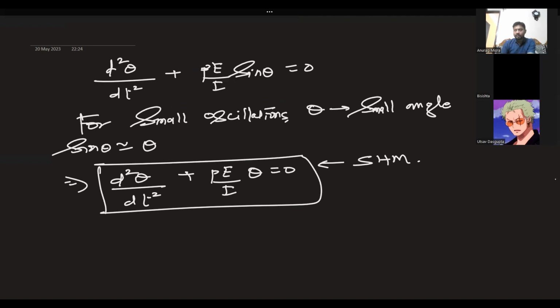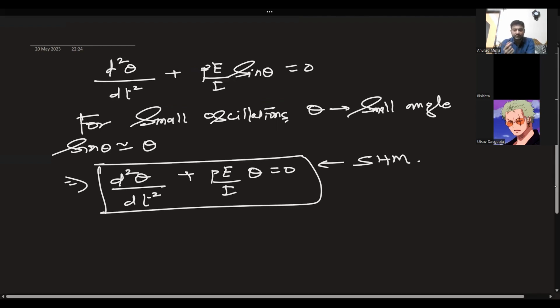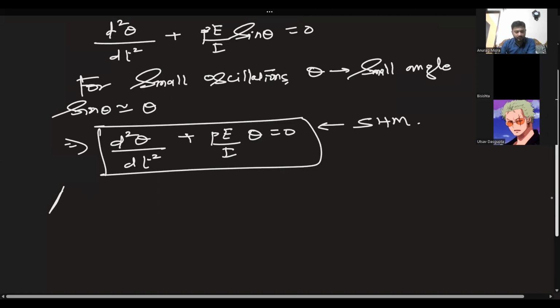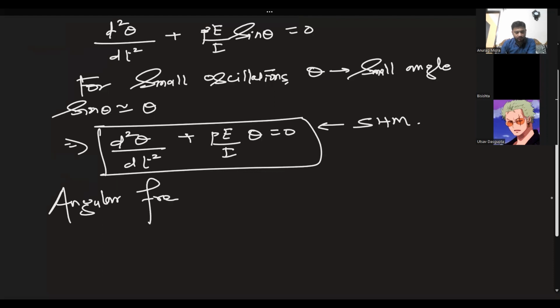And remember, whenever we get an equation like d square x by dt square plus omega square x equals 0, that omega gives the angular frequency of oscillations. So here the angular frequency of oscillations, which in an SHM is given by the root of the coefficient of the displacement term.